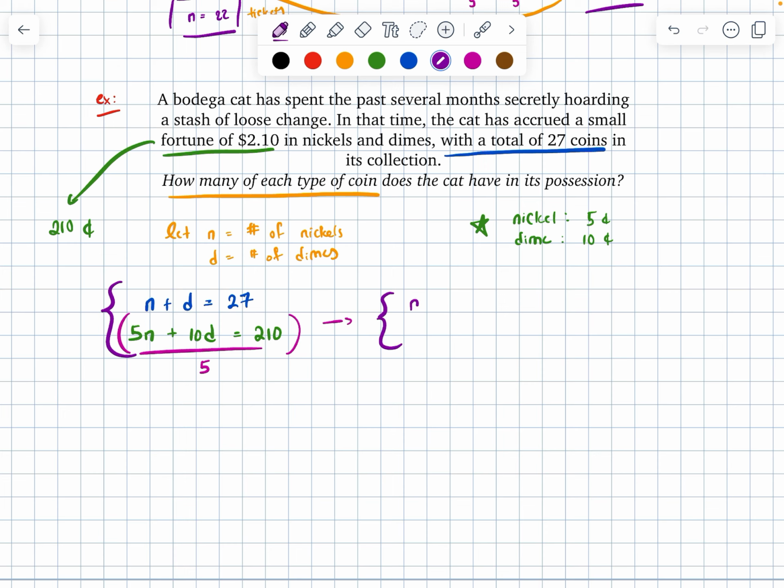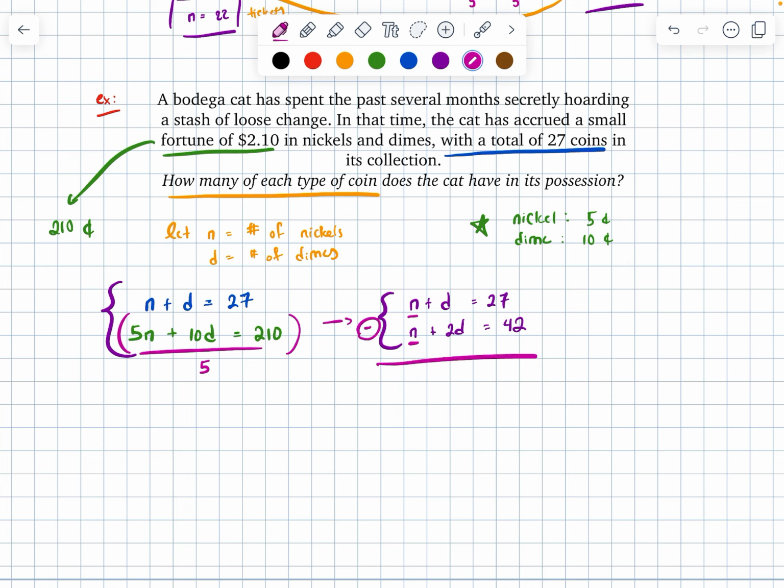When I do that, I'd get here, right? N plus D on the top is going to be equal to 27. Dividing 5n by 5 would leave me with n. Dividing 10d by 5 would leave me with plus 2d. And then 210 divided by 5, that's equal to 42.